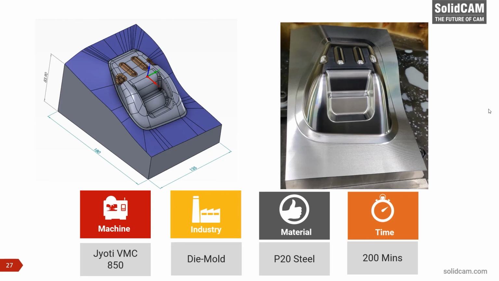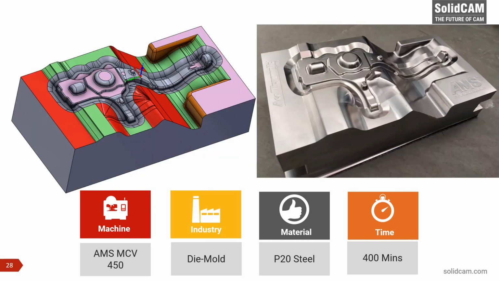This was a machine with Siemens control. And finally, this large part, the part that you saw at the end, was completely machined as it is with the functionalities that were shown to you, on an AMS MCV 450, P20 steel, and the entire part was done in about 400 minutes.